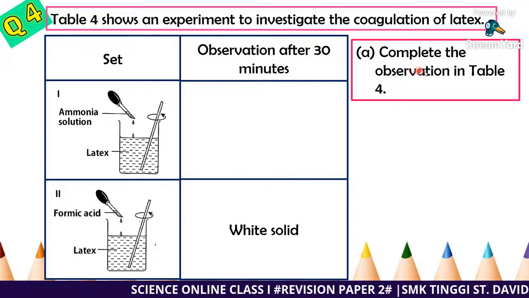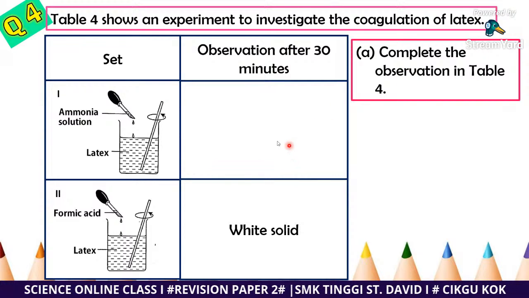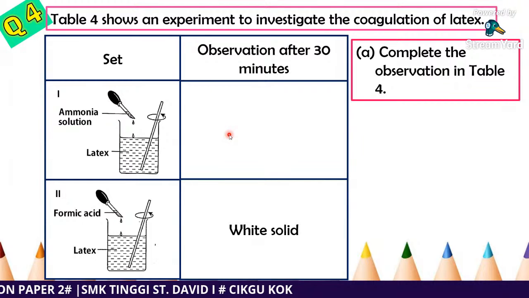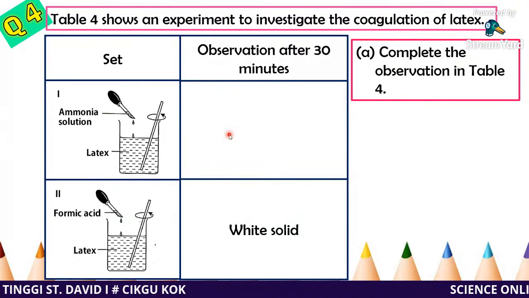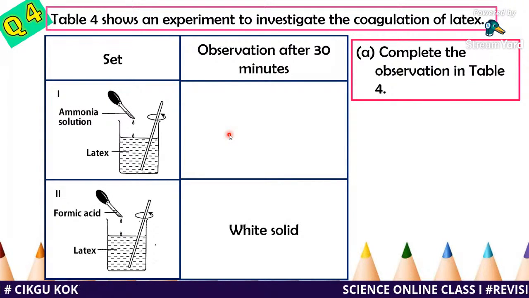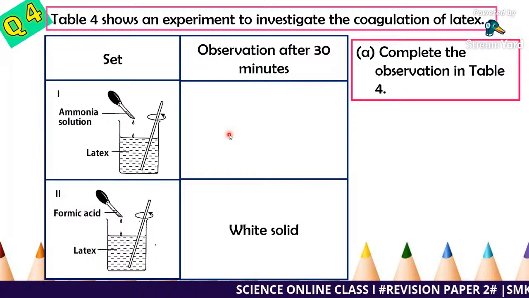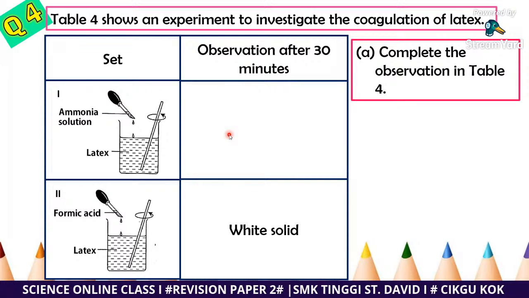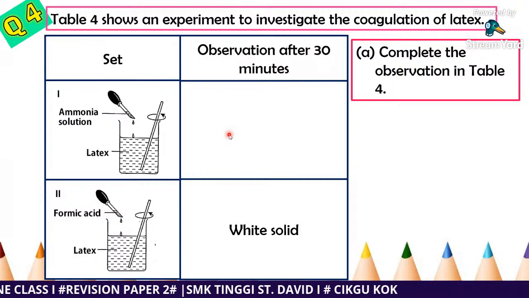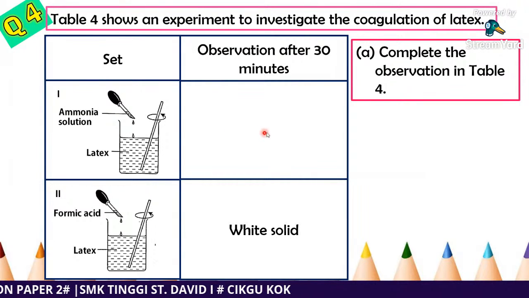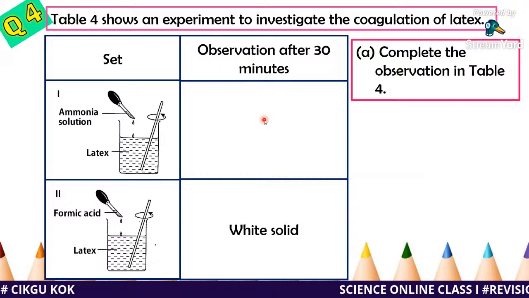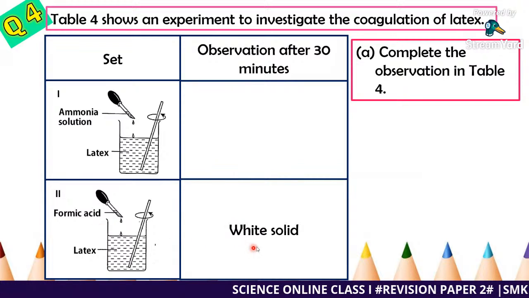So can you complete the observation in table 4? Anybody can answer number 1. When I put the alkaline, what happened to the latex? Just answer me. What happened to the latex when I just add the alkaline solution? When I put acid, it becomes white solid.